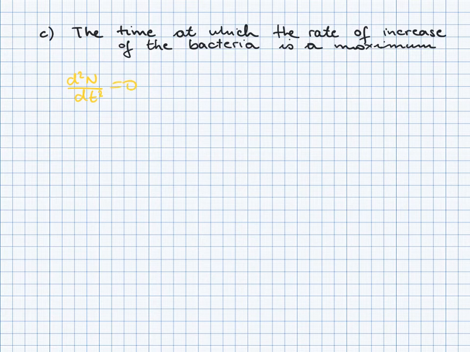To find the second derivative, we need the first derivative. So dn/dt is equal to e to the power of t take away 6 times 7 take away t. Beautiful. So this is the first derivative.